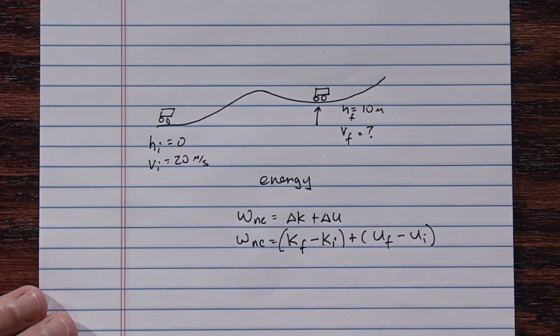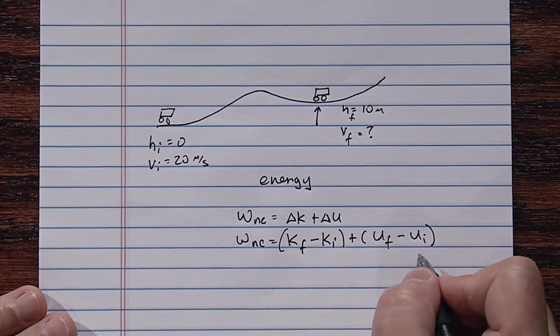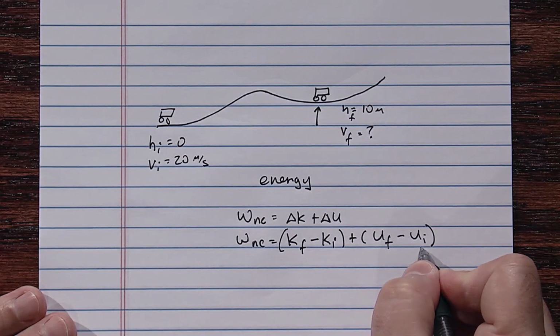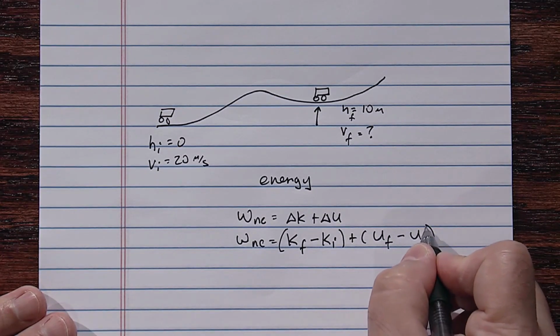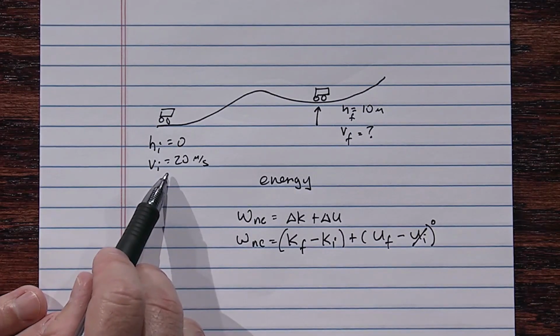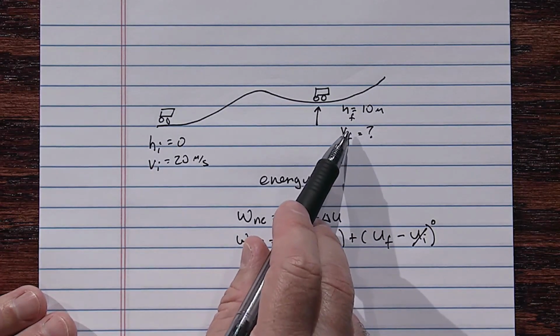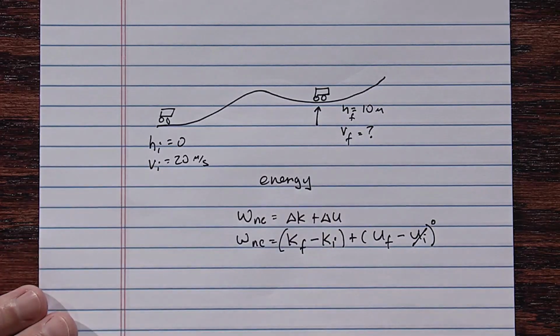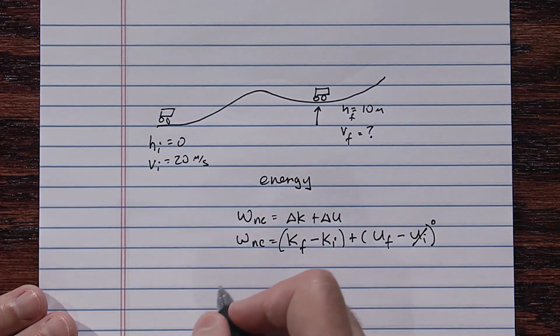Let's think about what is 0 here. We have an initial height of 0, so the initial potential energy will be 0. Kinetic energy initial is not 0, and its final height is not 0, so we can't do anything more with that.